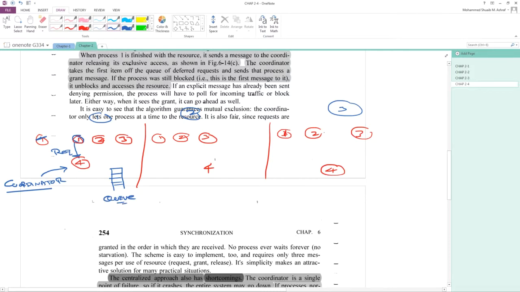So process 4 will check the queue. If there is no process in the queue, then he will reply okay, and give permission. Again, if any process wants to access the resource, he will ask permission from the coordinator, sending a request. Then the coordinator will check the queue. If there is no process in the queue, then he will send an okay message, that is, he will give permission. Understand, Mohammed, this diagram number 1?